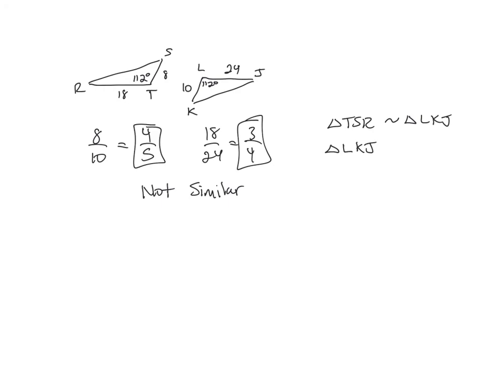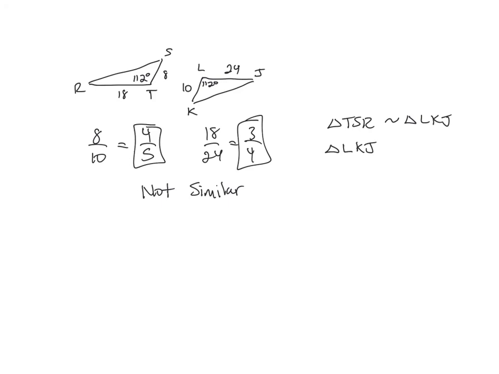Okay, so the rest of the assignment is really just, show that the triangles are similar, write a similarity statement. So if you're given information with all 3 sides, like this last one, make sure the angles are congruent.